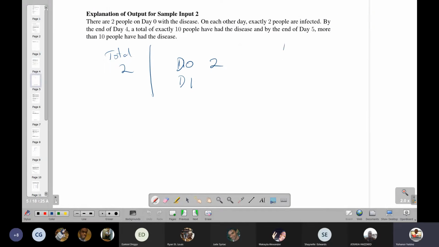So this is your infection per person, which is 1. But it started off with 2 people. So these 2 people will infect 1 person each, so that you get your 2 persons infected on day 2.